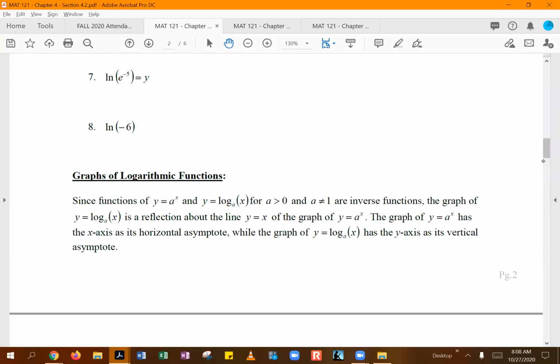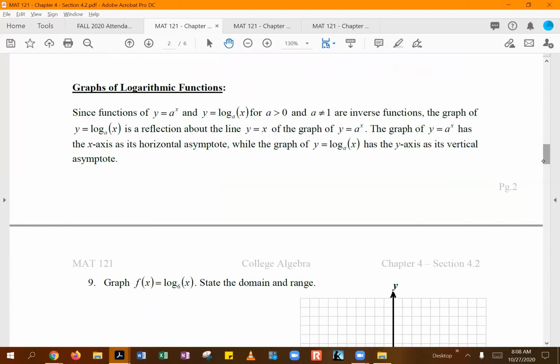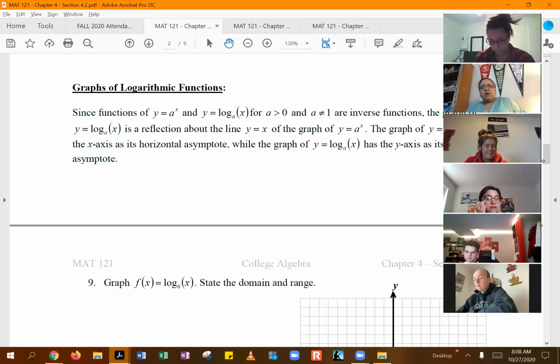So what we actually want to start out with today is talking about the graphs of these logarithmic functions. When we're talking about graphing these traditionally, and if you have seen the video lecture for this section, then you will know that typically when we are graphing these functions by hand, we start out by graphing the exponential function.